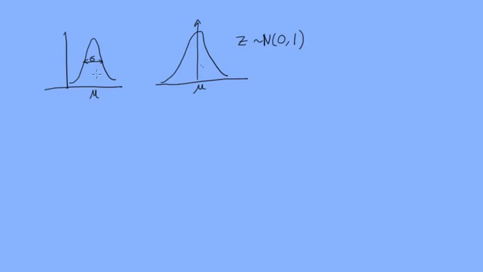You're going to have a huge range of different means and different standard deviations, and we can take any form of any standard distribution and we can put it into the standard normal form, and we do that by coding the data.